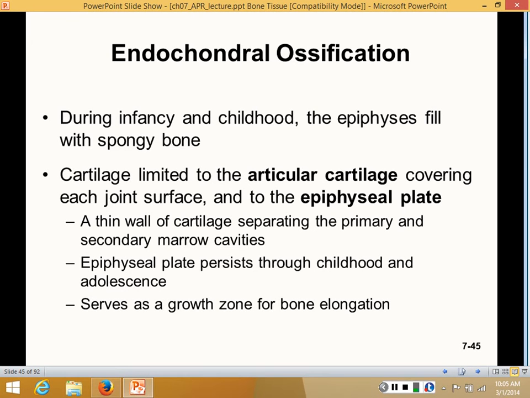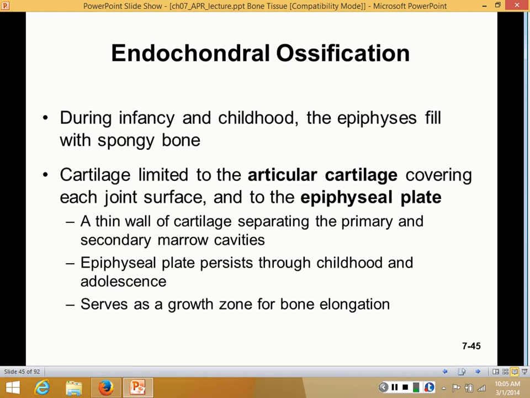Epiphyseal plate, here you got it again, serves as a growth zone for what? Bone elongation. So in order for that plate to close and leave behind the line, what has to happen? All the cartilage has, remember that for your next exam, all the cartilage has to be what?